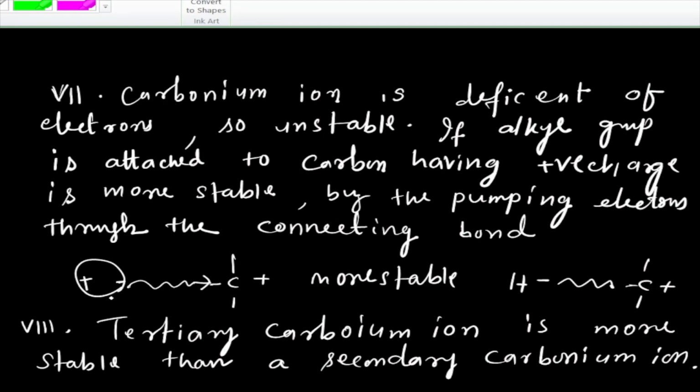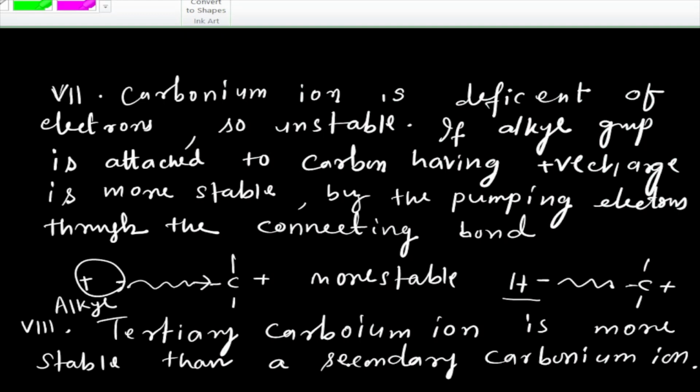See here, this is the alkyl group, so the electrons are donated from this area to the carbonium ion. It is less stable when there is no alkyl group, and instead there is hydrogen. Since the alkyl group is there, it can donate a pair of electrons to the carbon and is more stable.